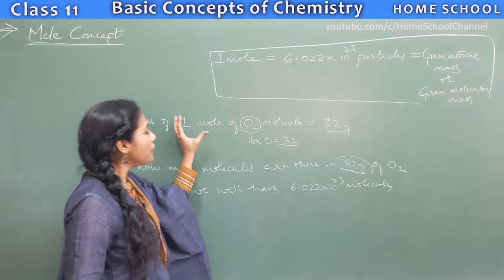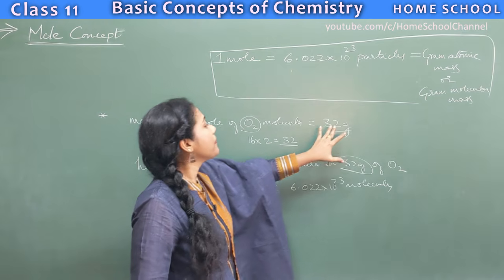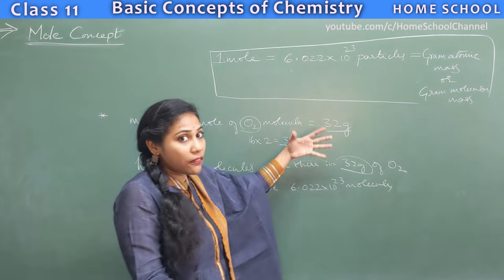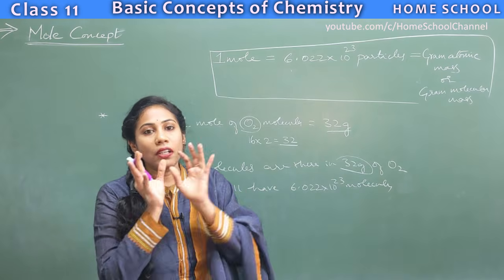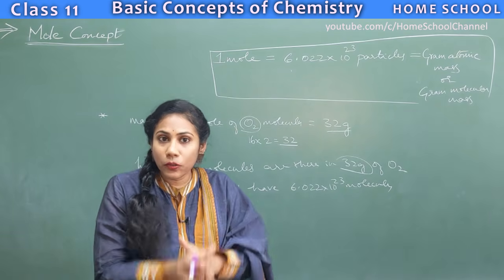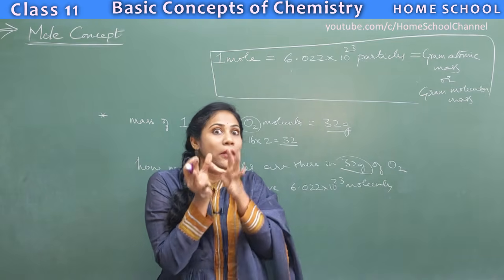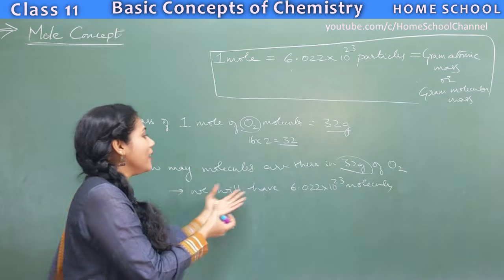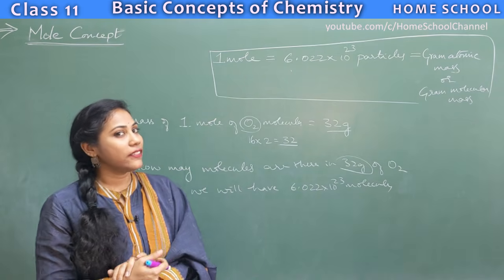So the mass of 1 mole of oxygen molecules is 32 grams, or the question can be asked this way also. Say you have 32 grams of oxygen molecules. How many molecules do you have in that 32 grams? If you have 32 grams of oxygen, when I ask you how many molecules are there, it would be 1 mole. 1 mole is nothing but 6.022 into 10 power 23.